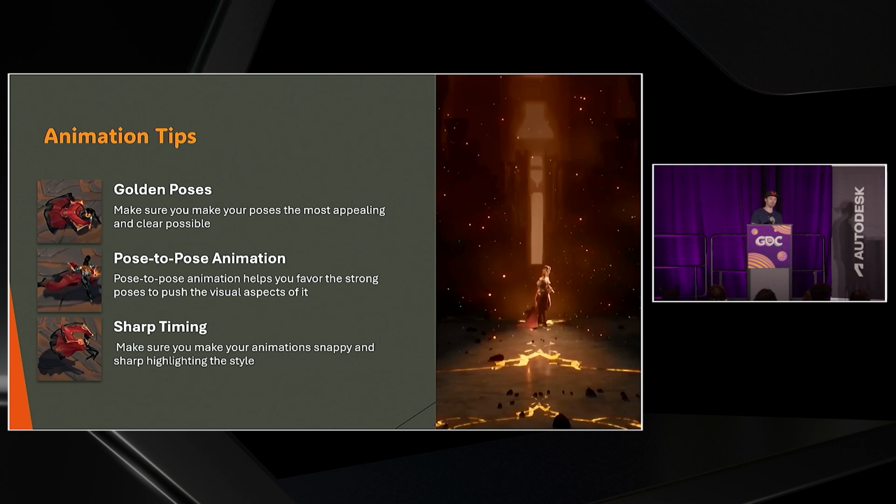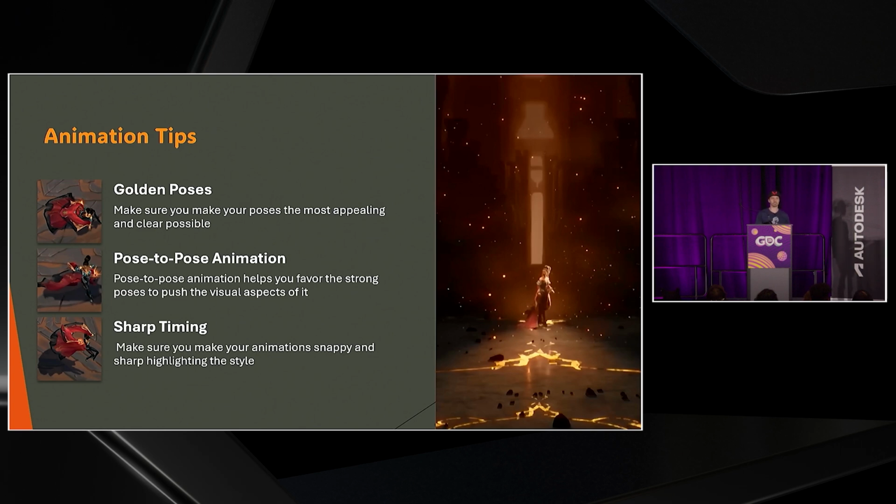I personally tend to animate pose-to-pose for League of Legends because I focus so much on the main poses. I prefer having my attack pose very clear, my anticipation pose very clear, my idle pose very clear, my walk pose very clear. I work on those poses so much that when I go to spline, and for all of those who are animators here, you understand a little bit of the workflow, and we're going to talk about it too, whenever I go to spline, those poses are very strong.